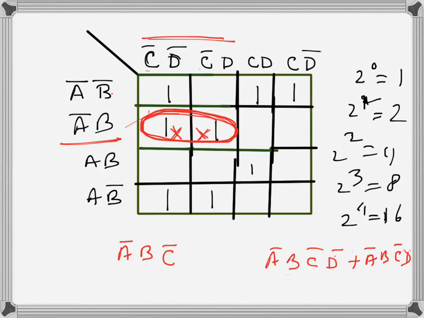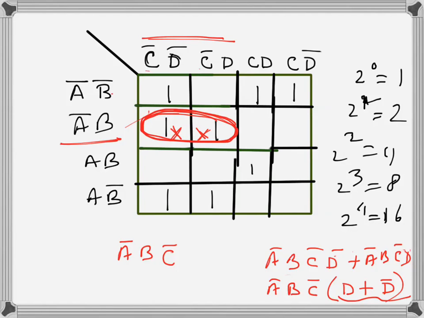Now if we look at this in terms of algebra, we can take a bar b c bar out, and it will be d plus d bar. So d plus d bar is basically a 1, and that goes away, and that is exactly what happens when we form the groups. That's why we can directly write the product term from a K-map, and this is the method to write it.